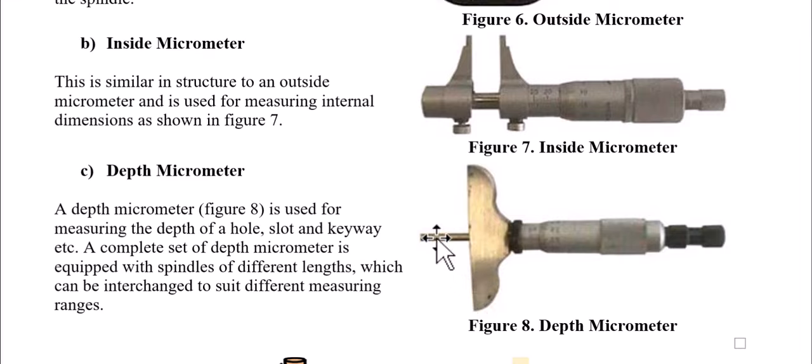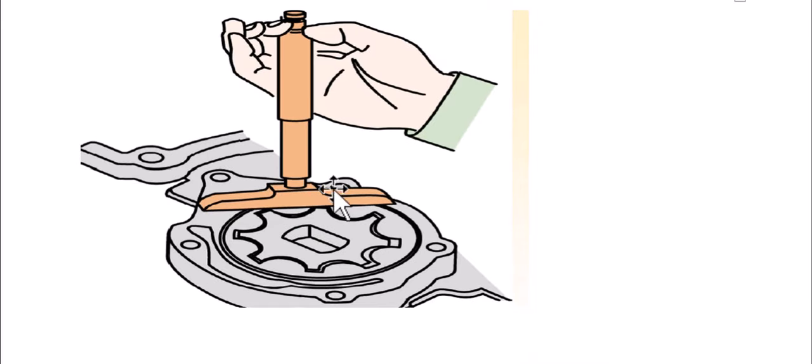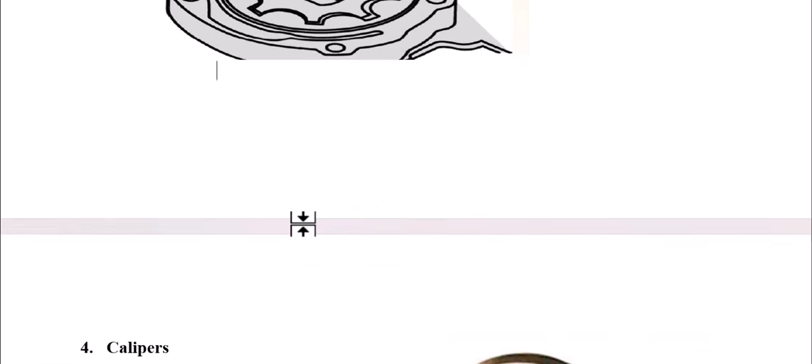So how much the pin has been inserted is the measure of the depth of the part or that hole. This is how it is used. You can see these flanges are lying on the surface of the material, and then the pin has been inserted inside the hole to measure the depth of that particular hole.